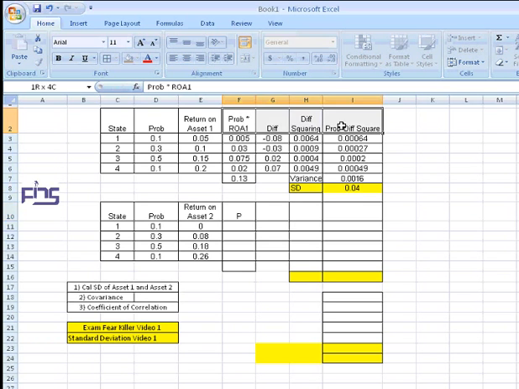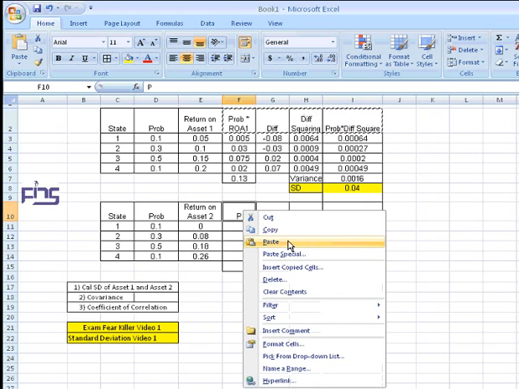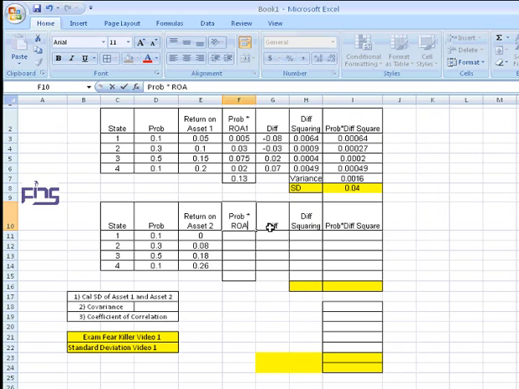Probability, I will just copy this out so that we need not waste time in understanding it. Headings. So what we did, we multiply probability into return on assets and take the sum of it. We need to find the difference, asset return minus the mean return. So you get these as the answer, but these are not right only because I have not made this constant.